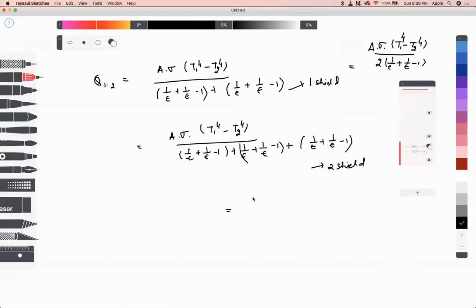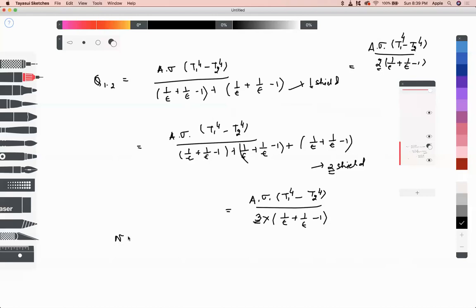Similarly, here I can write A into sigma into T1 to the power 4 minus T2 to the power 4 divided by 3 into 1 upon epsilon plus 1 upon epsilon minus 1. So the factor changes to 3 when the number of shields is 2. The factor changes to 2 when the number of shields is 1.